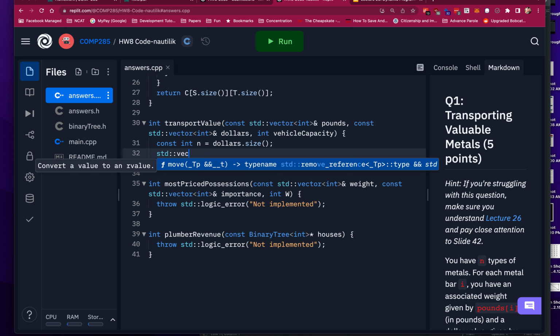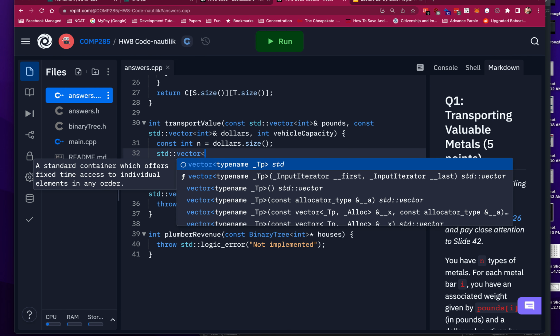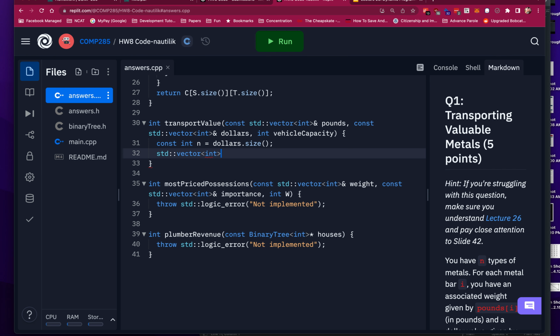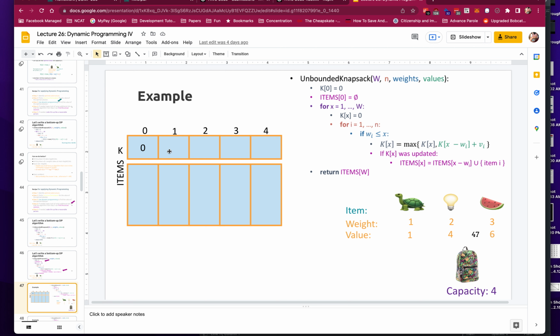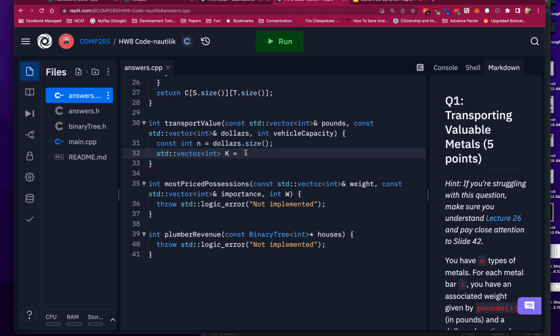And then you want a storage vector. So this is int k, as we saw here. If you walk through the example, you'll notice that we have 4 items, but k is actually of size 5. So it's one bigger because we start with the 0 having 0, right? So k is 1 indexed.